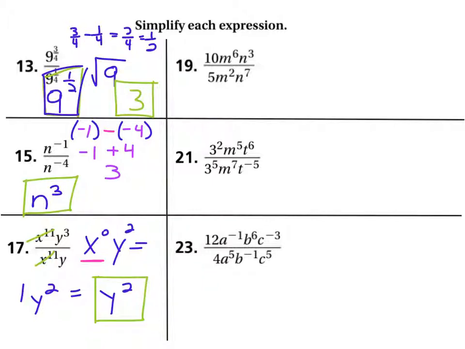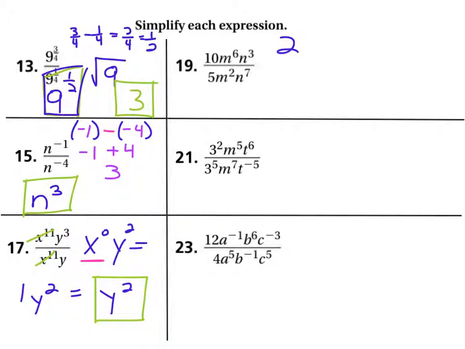Okay? For number 19, you'll see that we actually have coefficients. We have these coefficients here, 10 over 5. And what is 10 divided by 5? Well, 10 divided by 5 is 2. So that's what you're going to get there. Now, let's look at the m's.